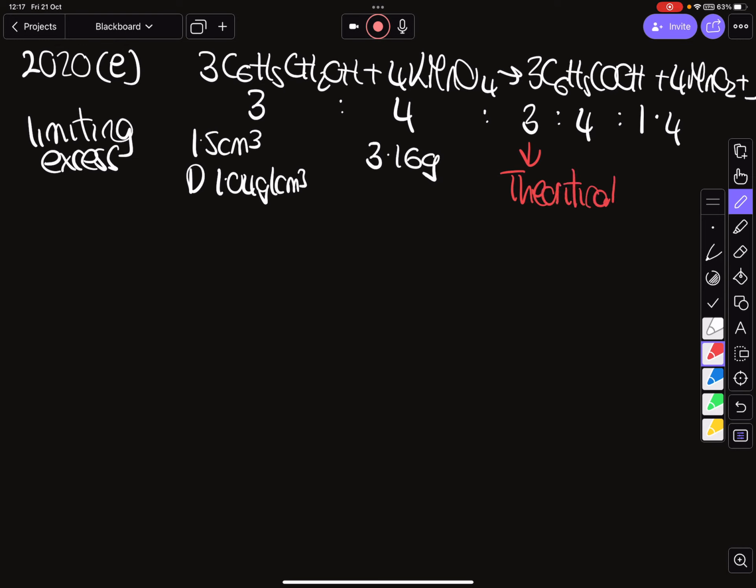So how do we go about doing this? We need to find moles of both of these things, the KMnO4 and your phenylmethanol. I'm going to look at the KMnO4 because that's the more straightforward one. So we have a K, we have an Mn, and we have an O4.